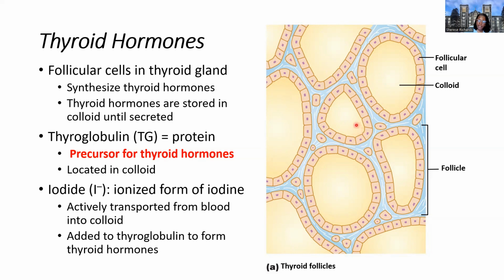So there's a lot of iodide being stored here that is needed in order to turn this thyroglobulin into thyroid hormone. Both of those components are needed, the iodide as well as the thyroglobulin, and the follicular cells will take that and turn it into thyroid hormone and then release it on the opposite side of the follicle out into the blood vessels that are between these follicles.